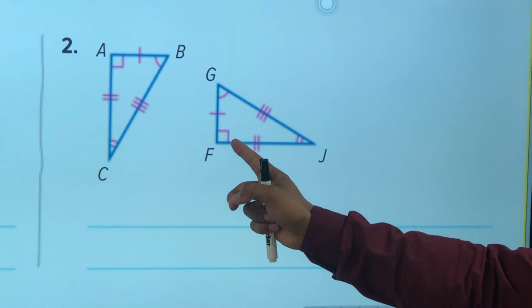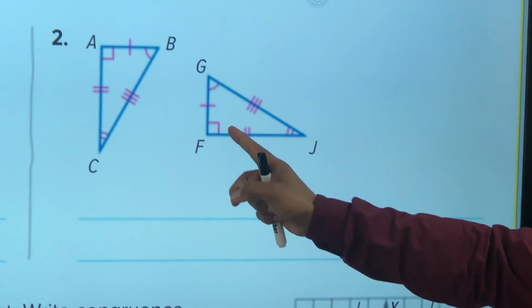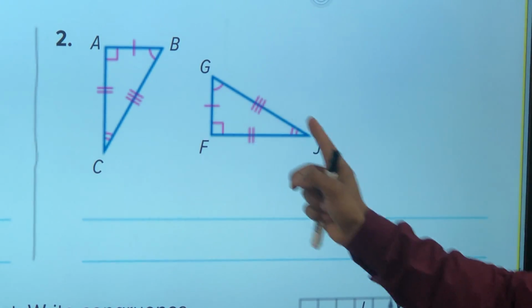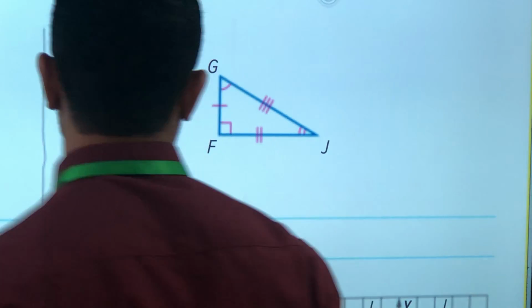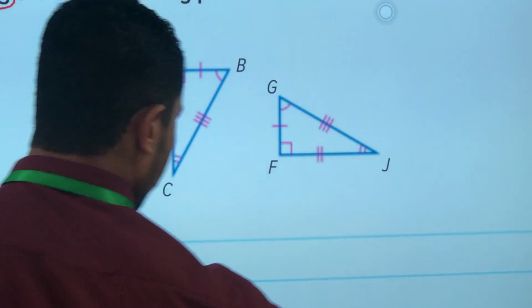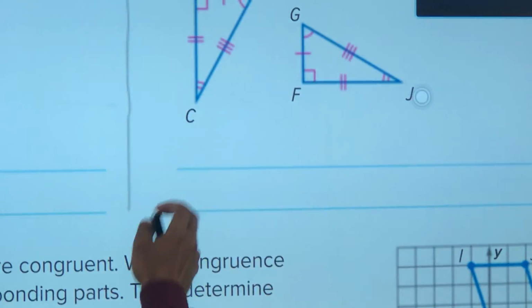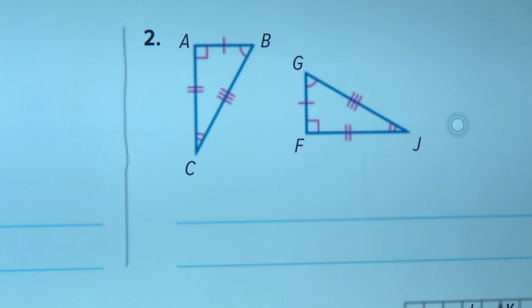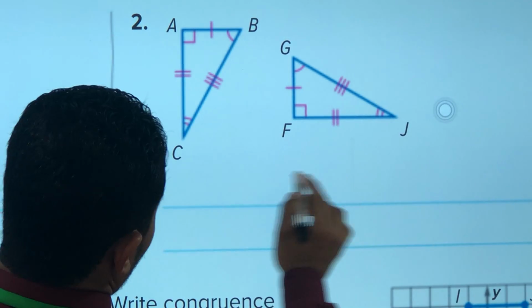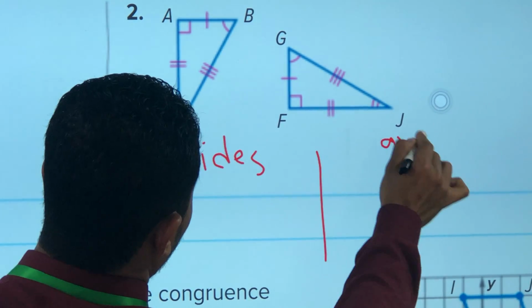So A, B, C corresponds to F, G, J. A, B, C, F, J, G. Good. Sides, angles.